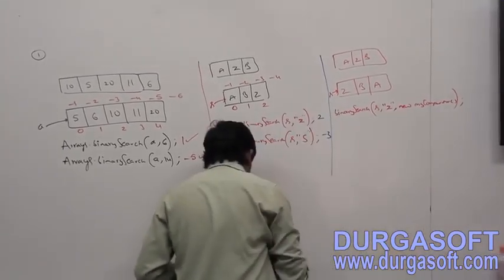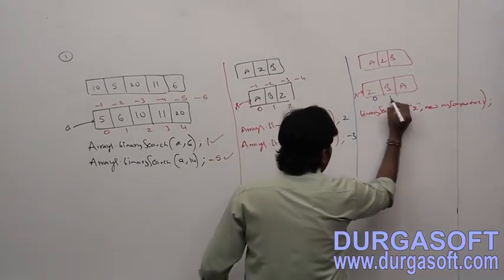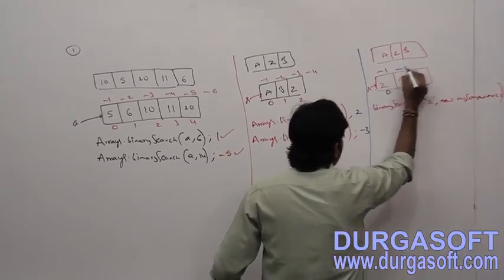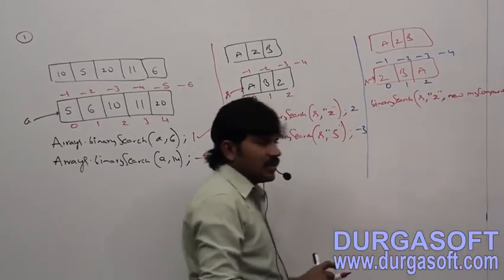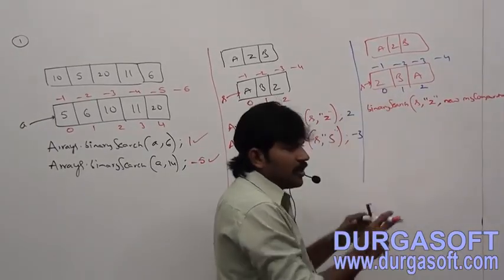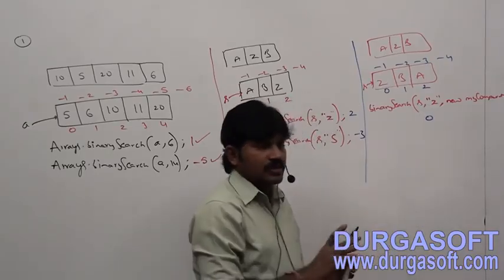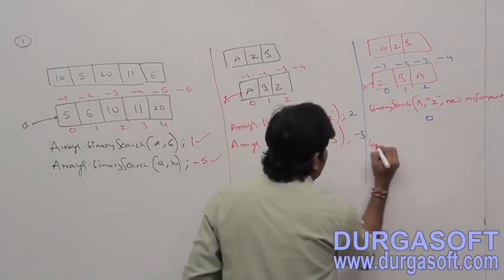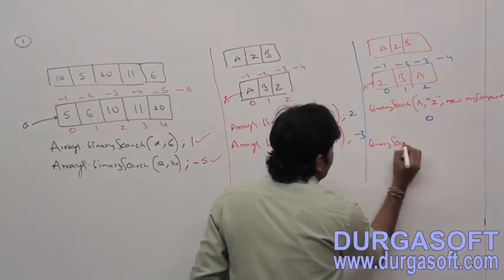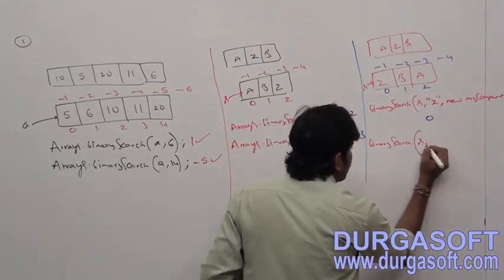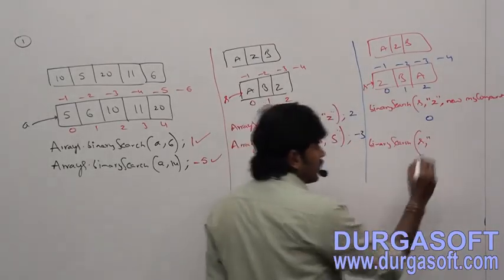Can you tell what? 0, 1, 2, -1, -2, -3, -4. What is the answer? Z is available at which place? At place 0. So the answer will become 0. Next binary search of S comma, what is the second element we are searching?